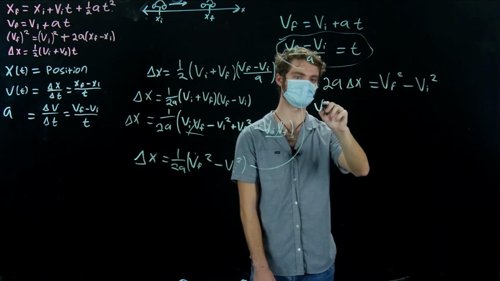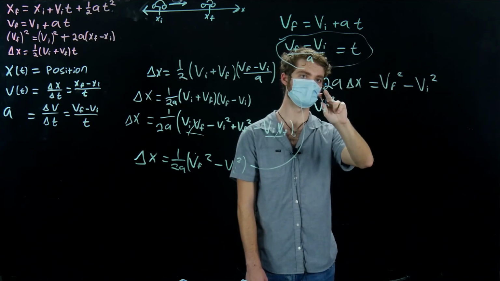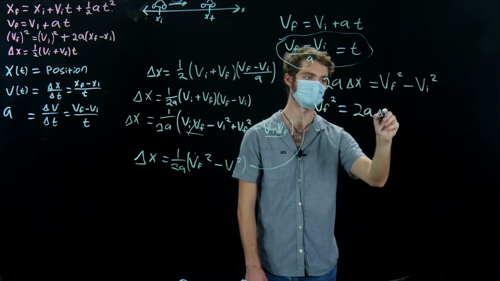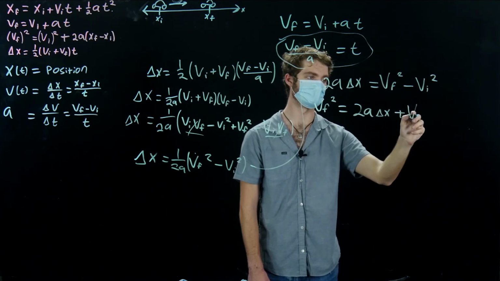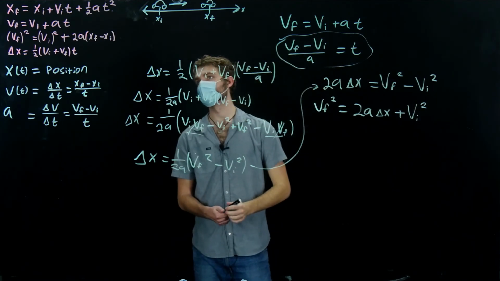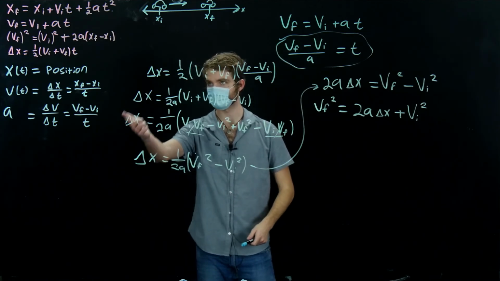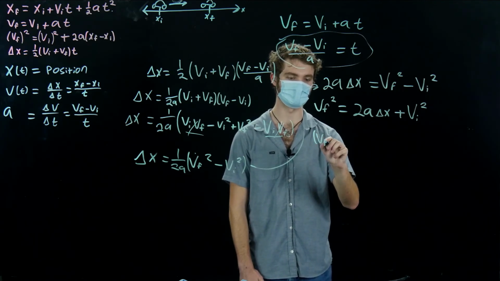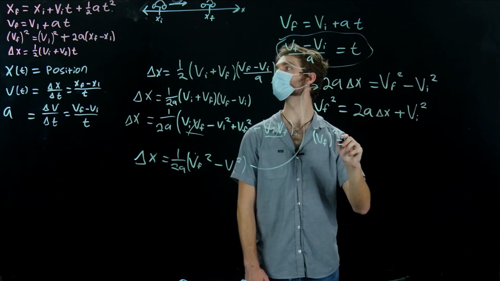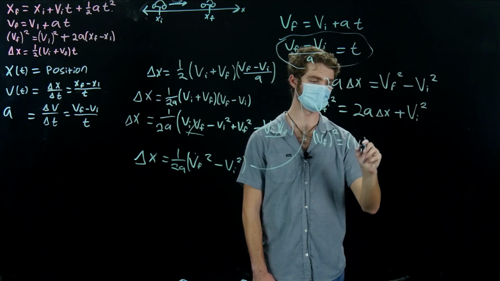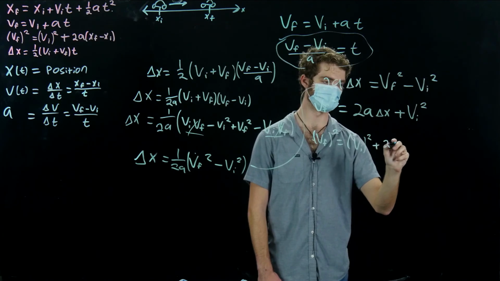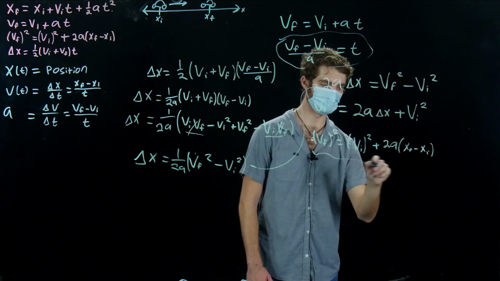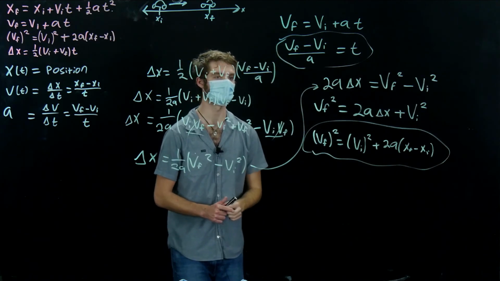So we have v final squared equals 2a delta x plus v initial squared. And we wrote delta x as x final minus x initial. We can totally do that if we want, just to make it look exactly the same. v final squared equals v initial squared plus 2a times x final minus x initial. Woo. And we have our last kinematic equation.